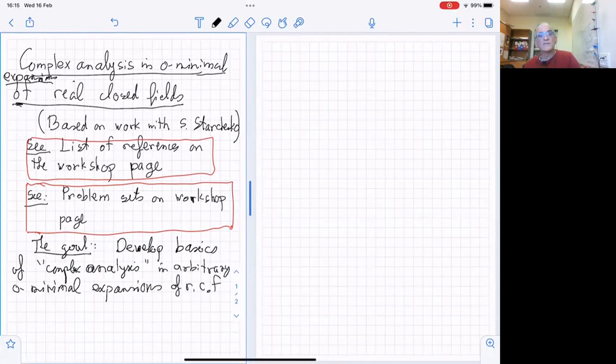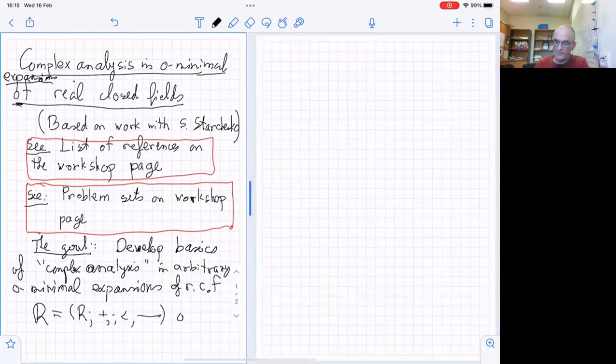Now, this really captures maybe two or three levels of generality that I want to talk about. Details will come soon, but this will be o-minimal, and whatever it means to do complex analysis here, this is what we will do.